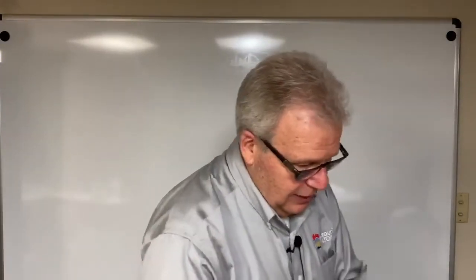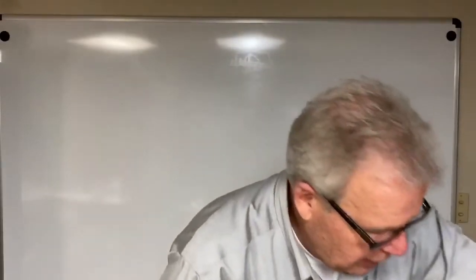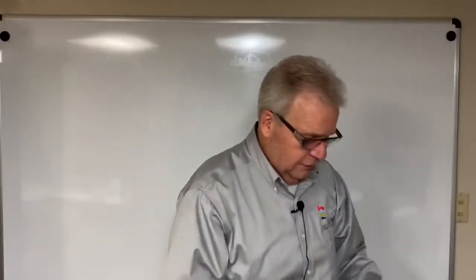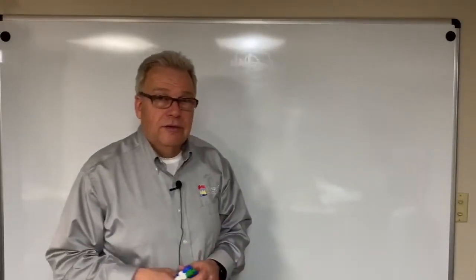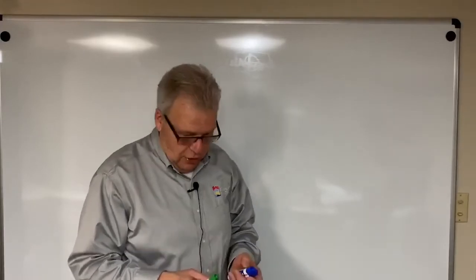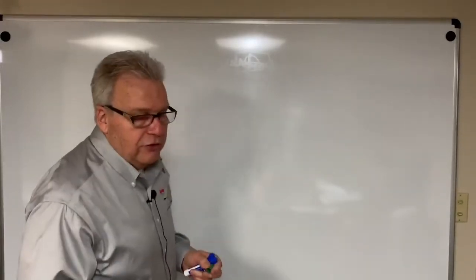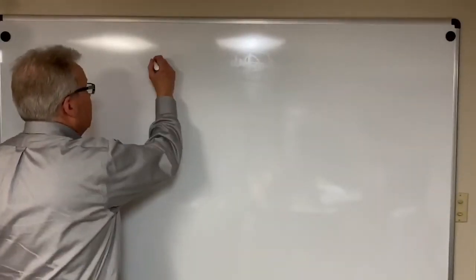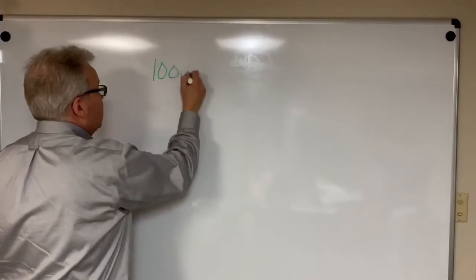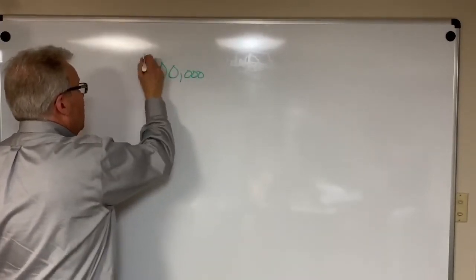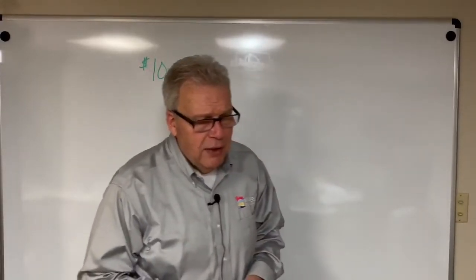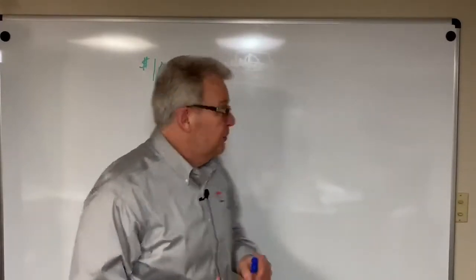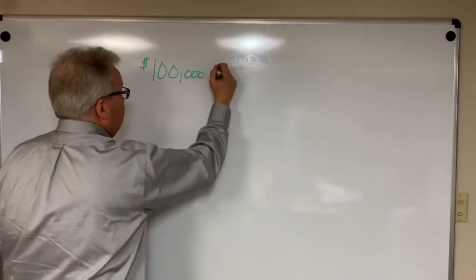All right, so we did Connie. We're going to do a couple more of these. Todd wanted to get a loan for $100,000. Okay, so Todd actually got a loan for $100,000. Now, Todd paid $3,000 in discount points, so this is our loan.